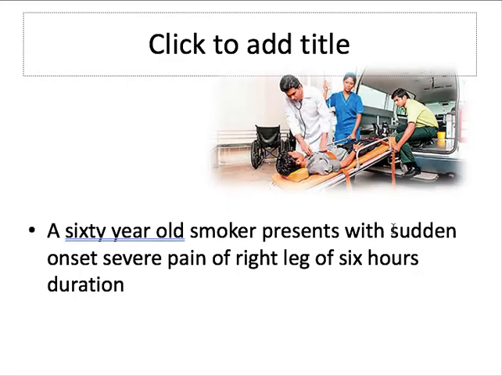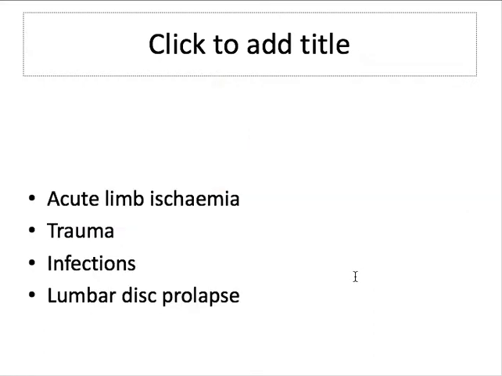But of course the history may be a little longer than 6 hours usually. An acute lumbar disc prolapse can cause acute limb pain.